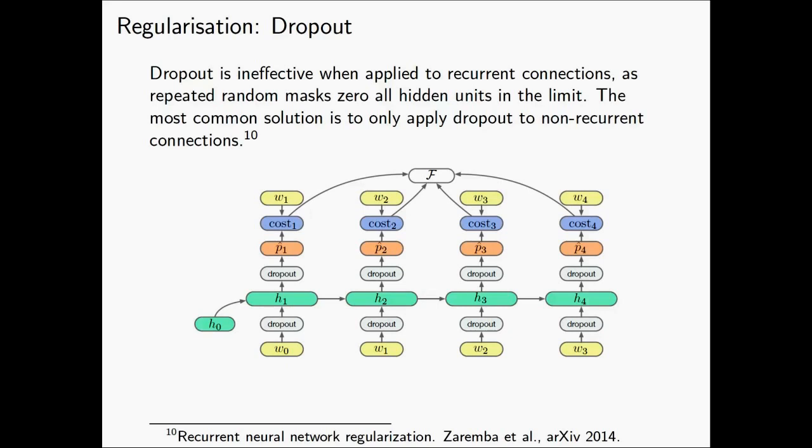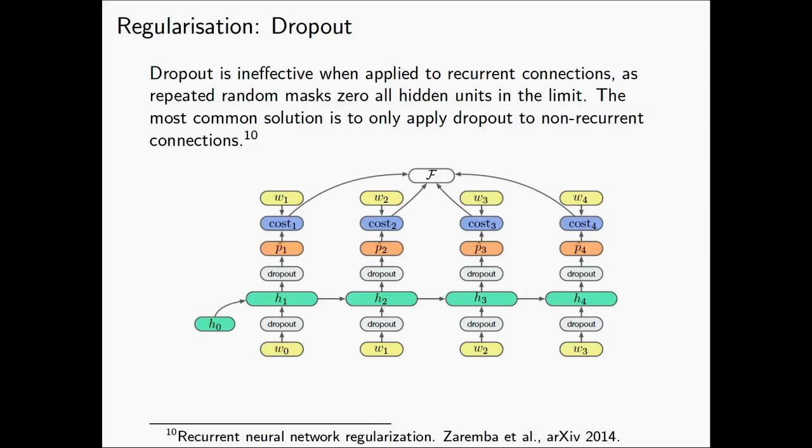Now if you do that a couple of times, in expectation, every hidden unit is going to get dropped after a few time steps. So that means that gradient is never going to propagate more than a couple of time steps back in time, because it's always going to hit a dropped out unit and stop doing anything useful. So just applying dropout in a basic fashion between recurrent units, recurrent layers, is a bad idea and doesn't really work. The easy solution to that is just not to do it and to put dropout everywhere else in the network.